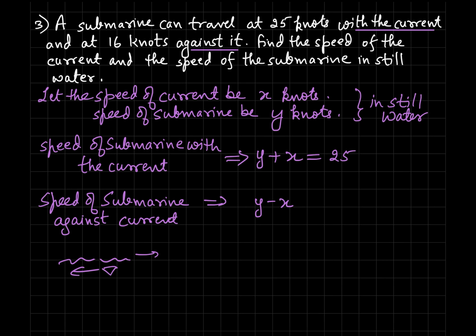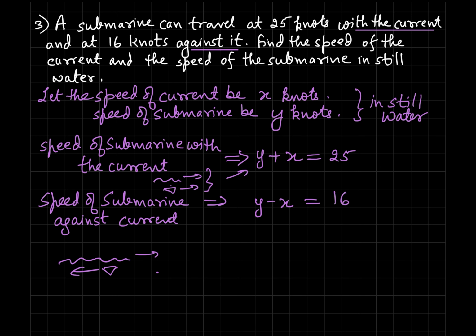And here with the current, water is moving in this direction and your submarine is also moving in this direction, so both the speeds would get added up. Here since both are going in opposite direction, speed would be subtracted, so y minus x is equal to 16.